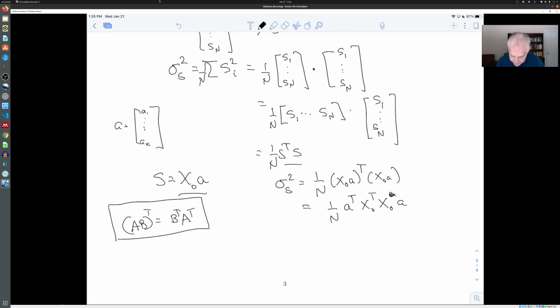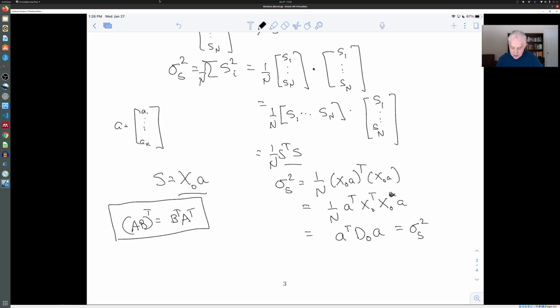But of course, this is A transpose D0A. So we see that the variance of a score can be computed from the covariance matrix in terms of the weights.